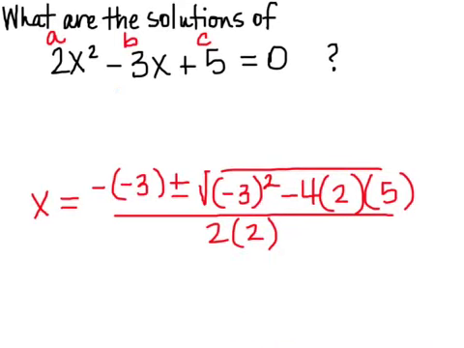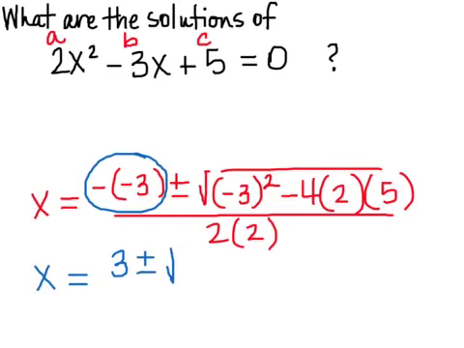The way that I simplify this next is I put x equals the opposite of negative 3, which is positive 3. Then you write plus or minus, and then the square root of, and then what I want you to do is put just what's under the radical in your calculator.